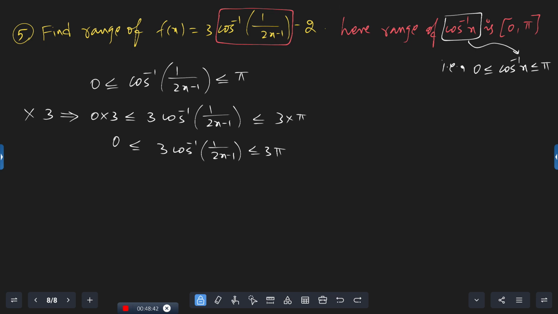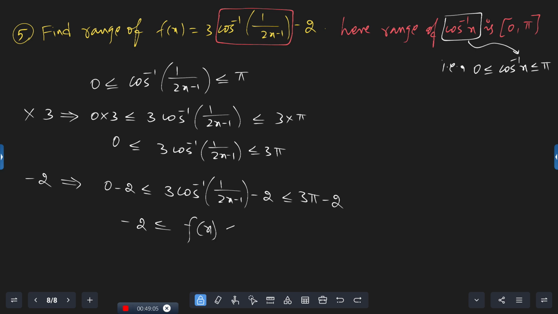So subtract 2 on all sides: 0 minus 2 less than or equal to 3 cos inverse of 1 divided by 2x minus 1 minus 2, less than or equal to 3 pi minus 2. That is your work here. So 0 minus 2 less than or equal to the whole f of x, less than or equal to 3 pi minus 2.